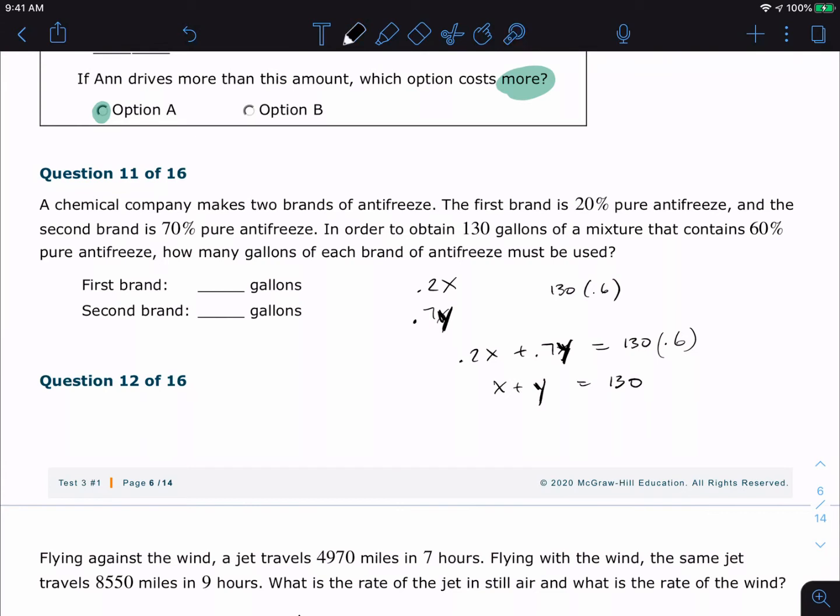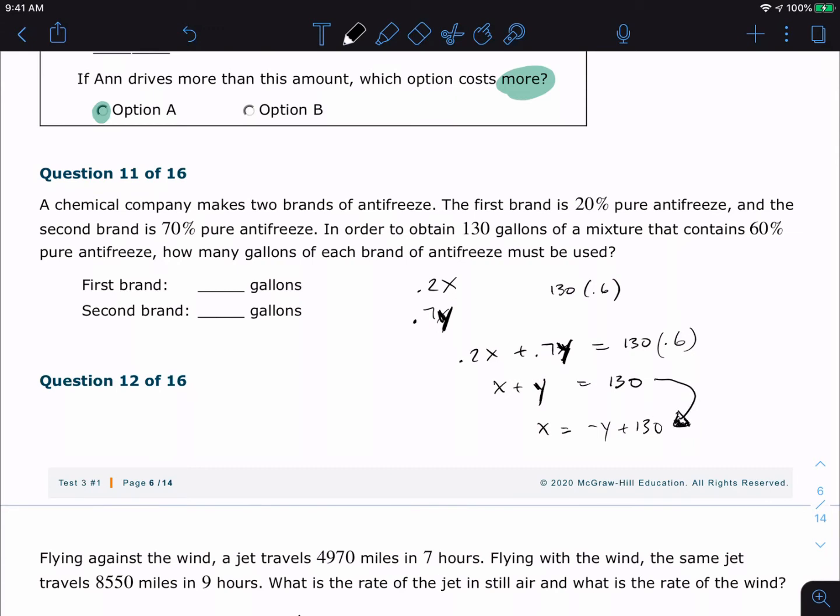Okay, so here's what I'm going to do. To solve this problem, instead of solving it with elimination, I'm going to do it by substitution. So I'm going to solve for x, and I'm going to say x is equal to negative y plus 130. Okay? That's using this one and solving it for x.